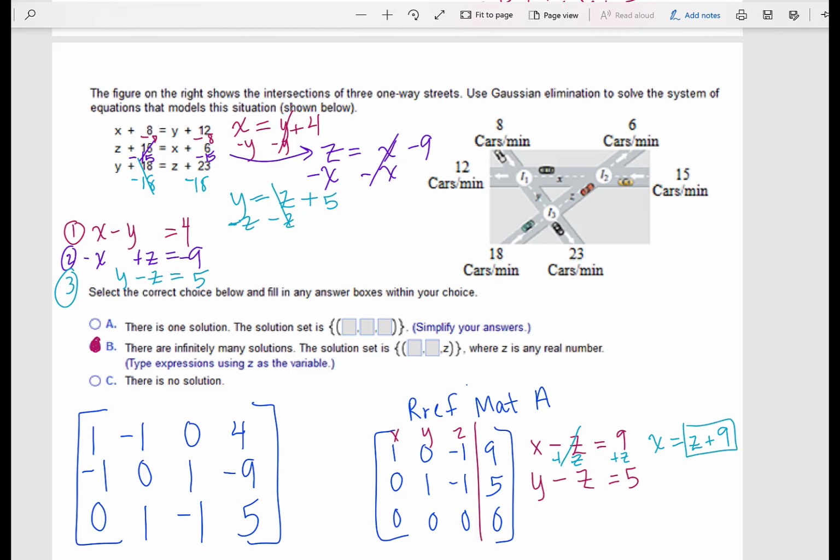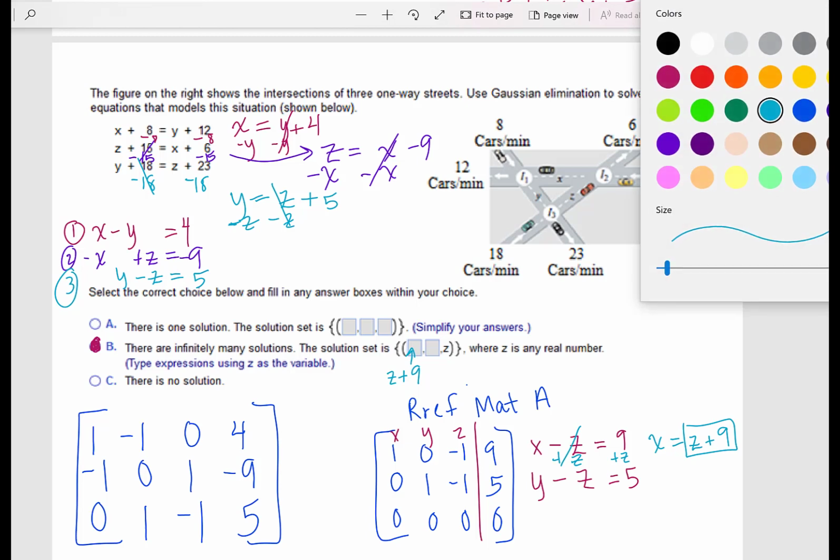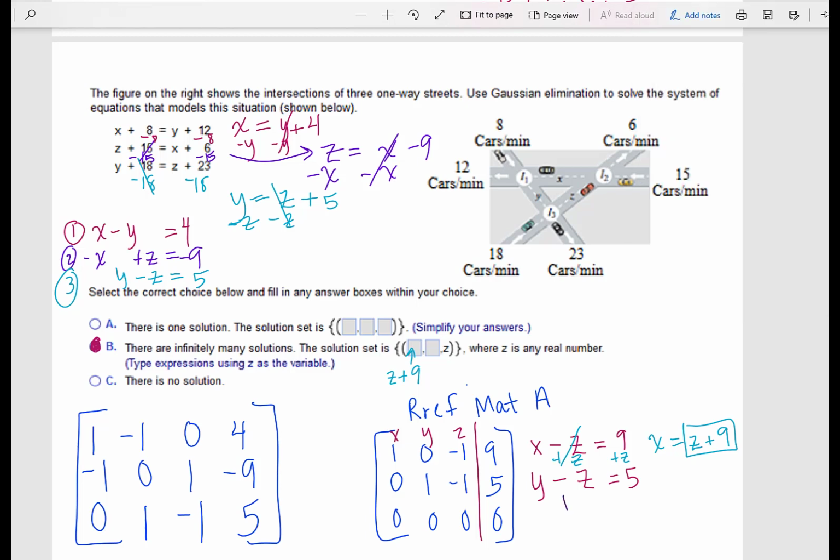So that's what I will put in here, because that is what x is equivalent to. And then for y, go ahead and solve for y like you normally would. And you get y equals z plus 5. And that is what you will put in for y.